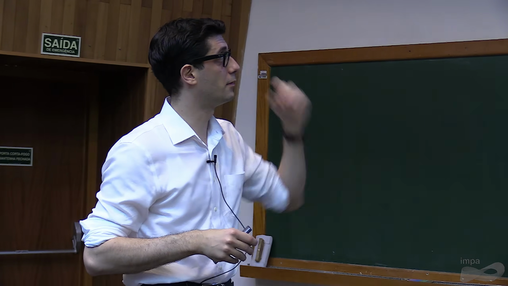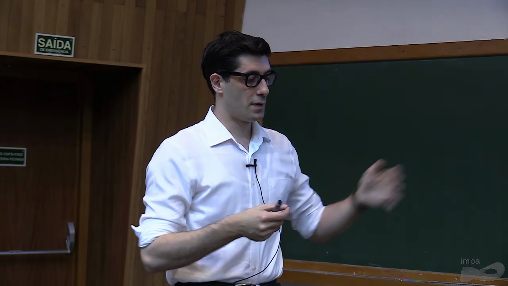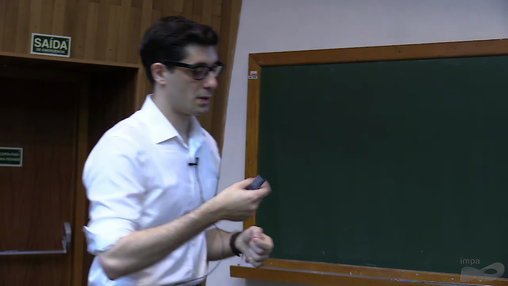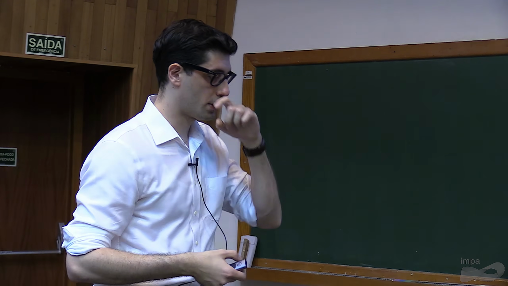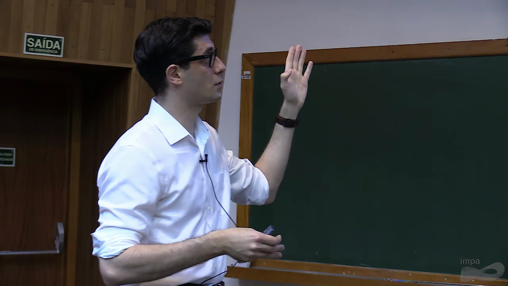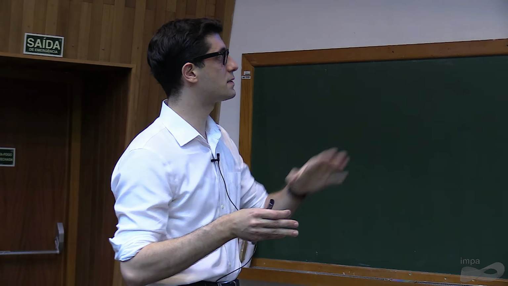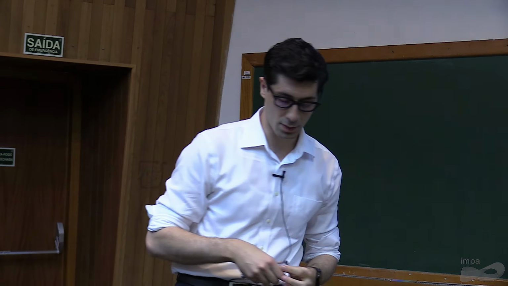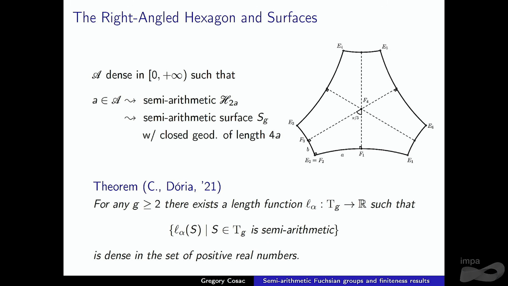That's the length function. And what we're saying is that you can find a non-trivial free homotopy class such that that gives you a length function that maps all semi-arithmetic points in this Teichmüller space into a dense set of the positive real numbers, right? So in particular, you have infinitely many semi-arithmetic points in that Teichmüller space, right?